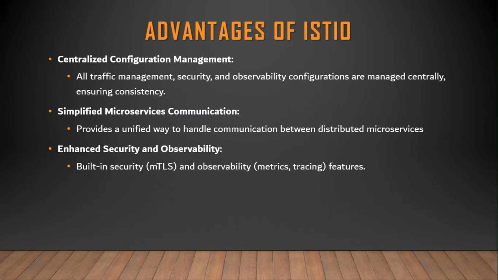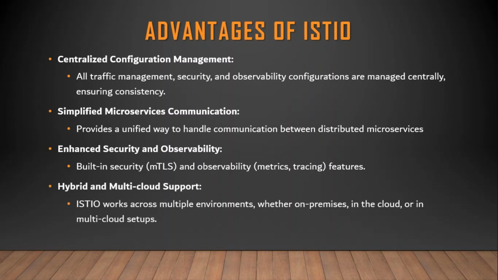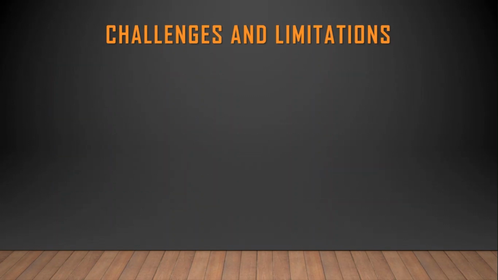Enhanced security and observability: built-in tools like mTLS and integration with observability platforms provide robust insights and security. And final one is hybrid and multi-cloud support. Istio works across on-premises, cloud, and multi-cloud setups, offering great flexibility.